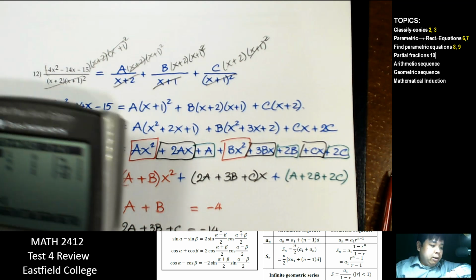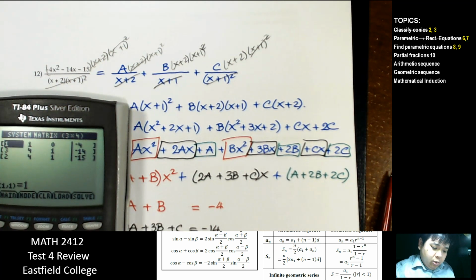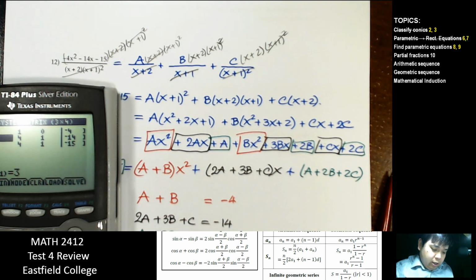Right. Back to this system of equations, we have 1, 1, negative 4, 2, 3, 1, negative 14, 1, 2, 2, negative 15, negative 3, negative 1, and negative 5.